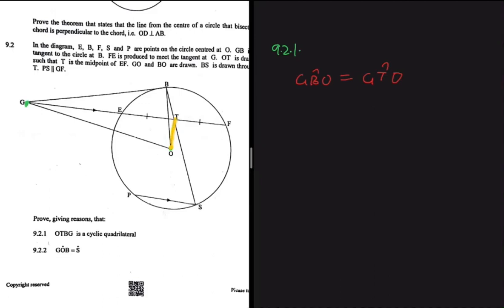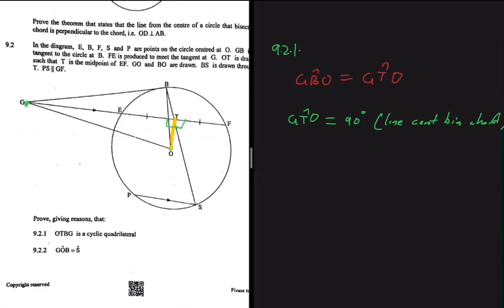If it cuts the line EF in half, then this angle here should be 90 and this angle here should also be 90. So what are we saying? We're saying that GTO is equal to 90 degrees, right? The line from the center is bisecting the chord, right? So that angle there should be 90 degrees.